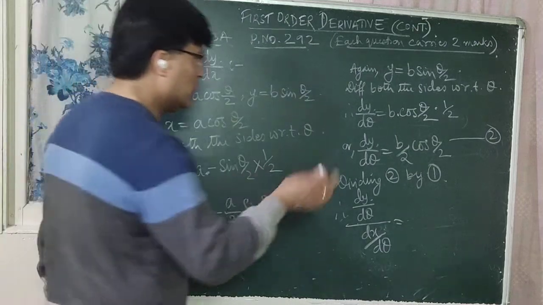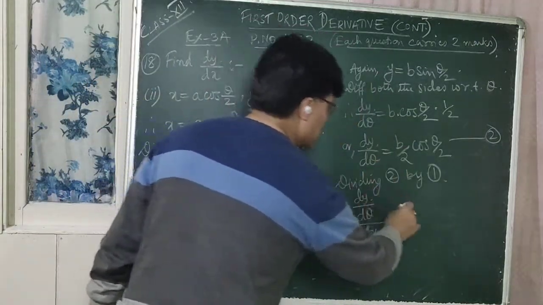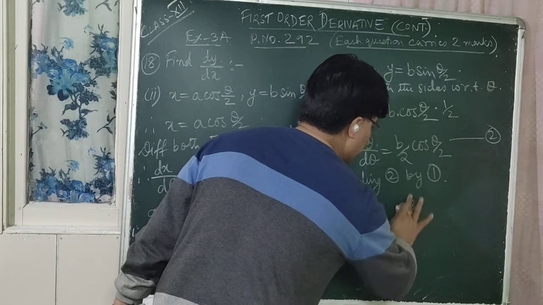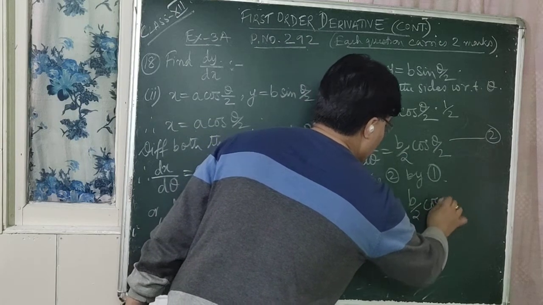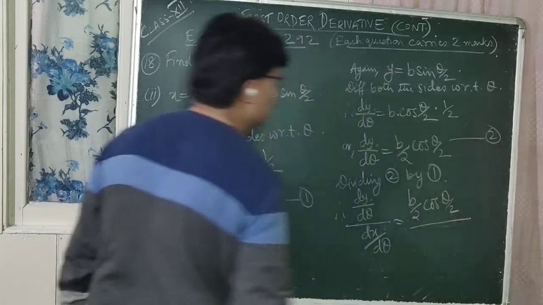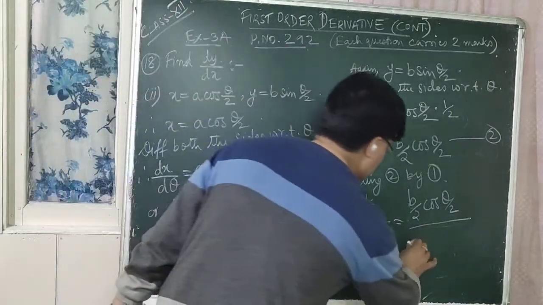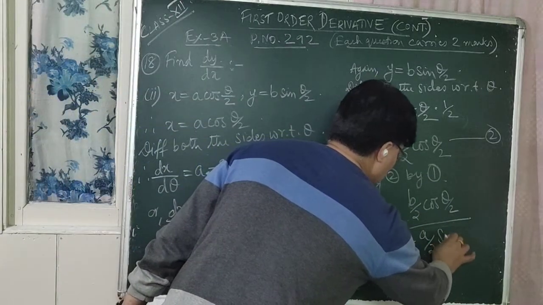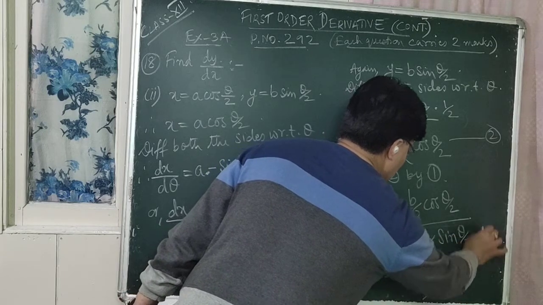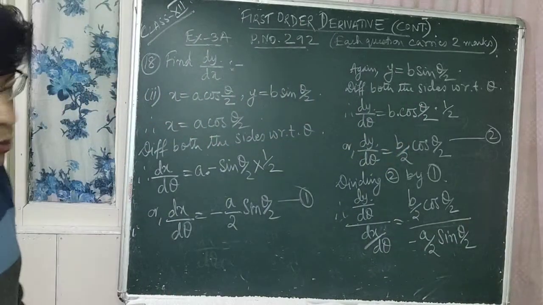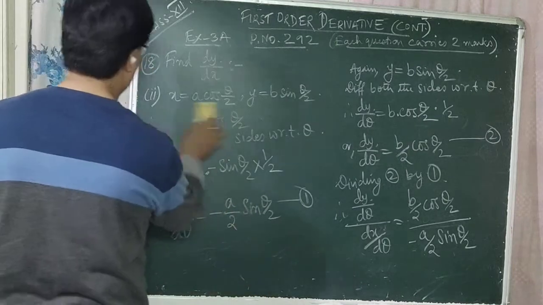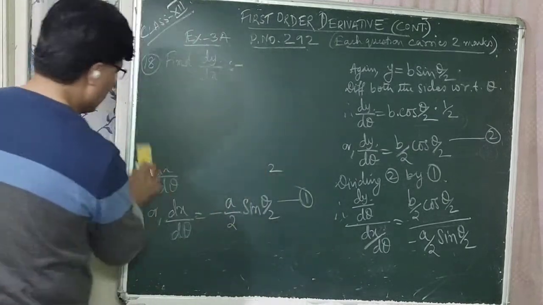Now in the numerator you should write right hand side of number 2, that is b by 2 cos theta by 2 divided by, in the denominator write down right hand side of number 1, that is minus a by 2 into sin theta by 2, right? Now let us simplify it.